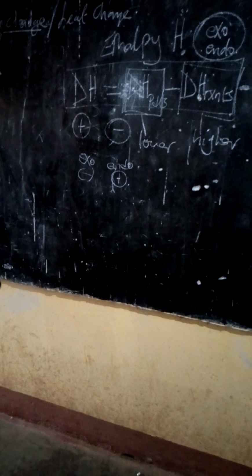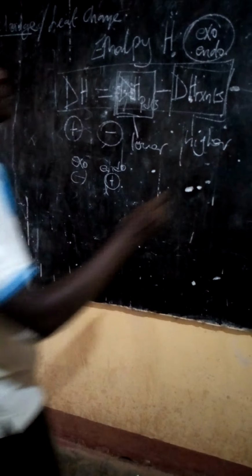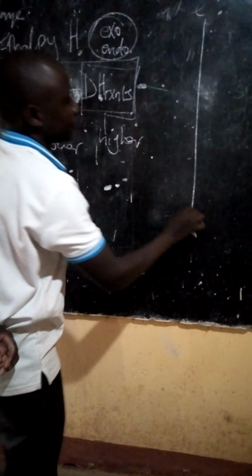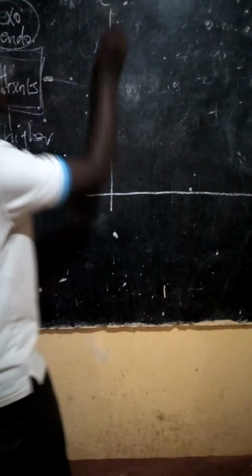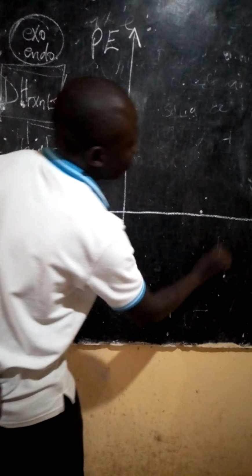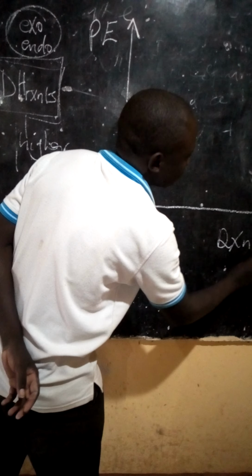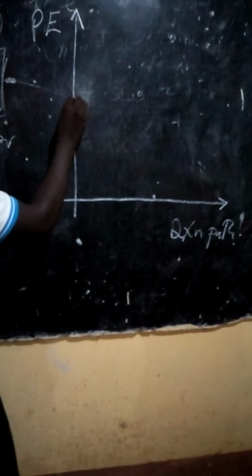We can illustrate this, and in your notes we don't have diagrams, so please take note. This is PE and this is the reaction path.